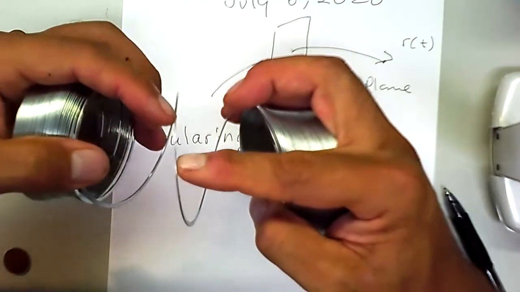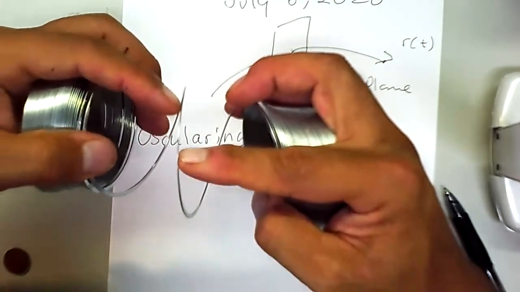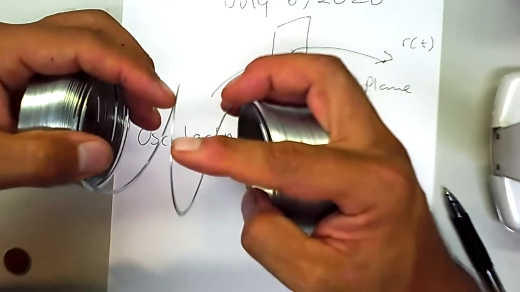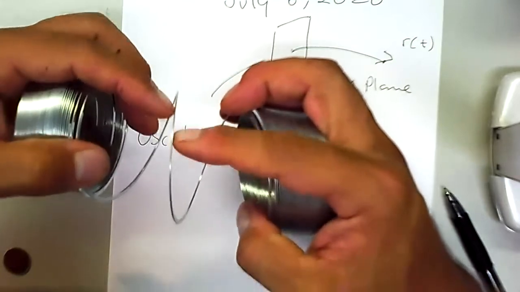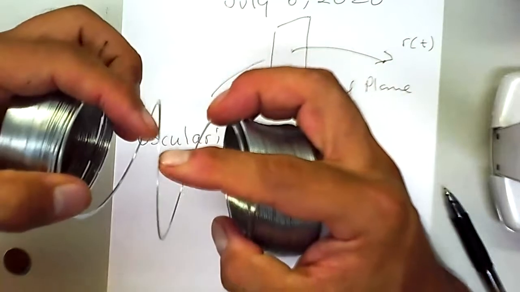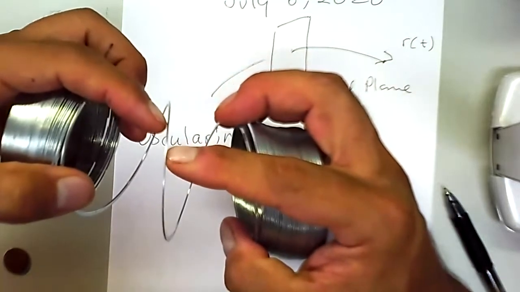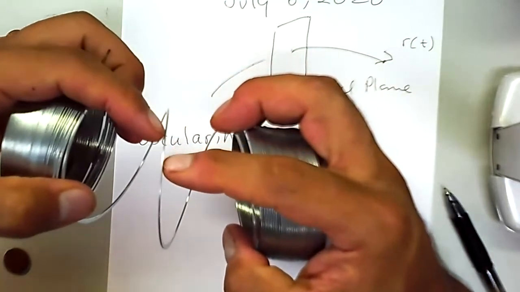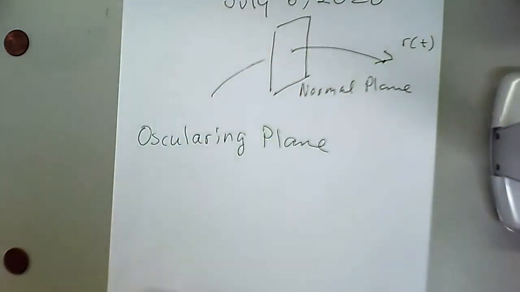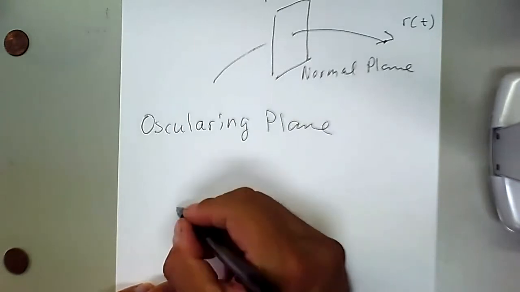But if you cut it at a very, very short segment, it may look like we can place this little bit on a flat surface. That flat surface that we could place a little segment of the curve on is what we call the osculating plane. There's a curve.